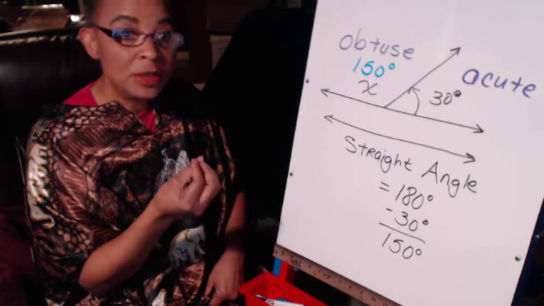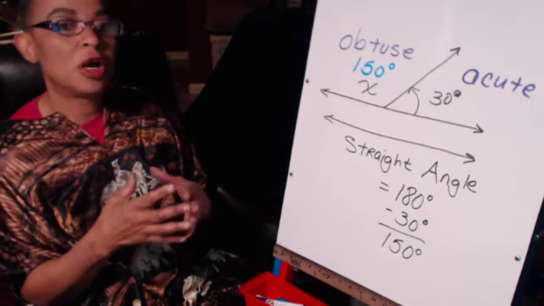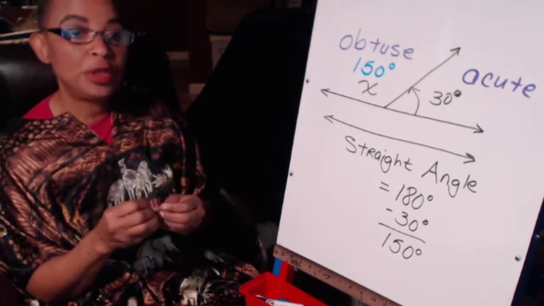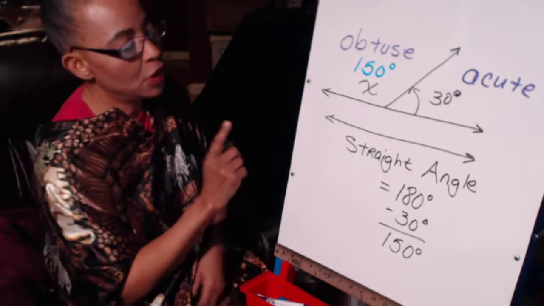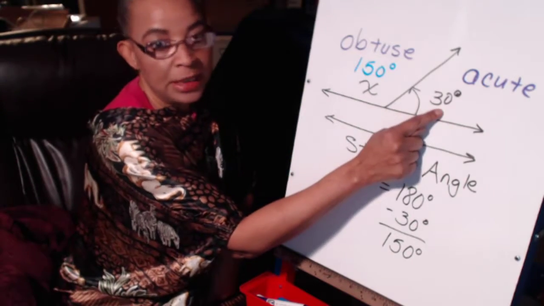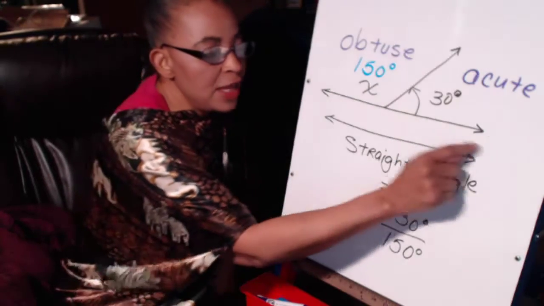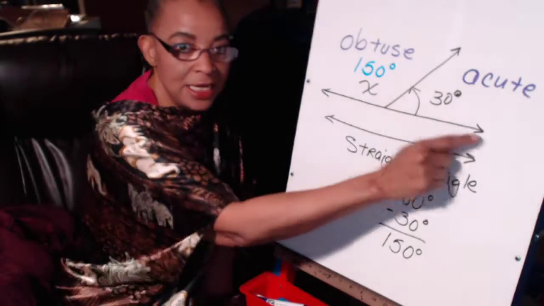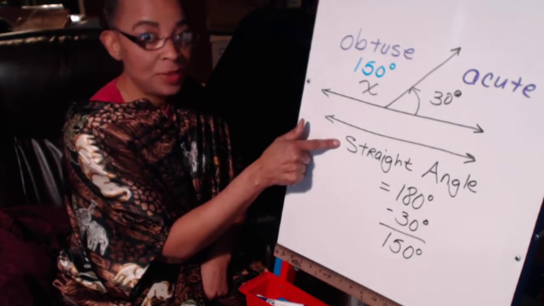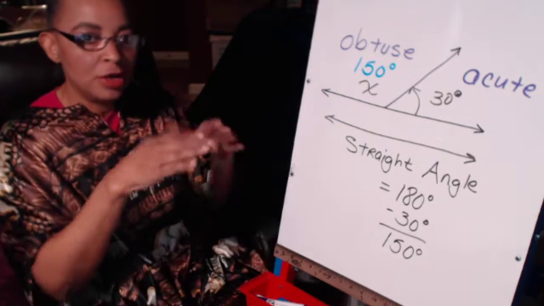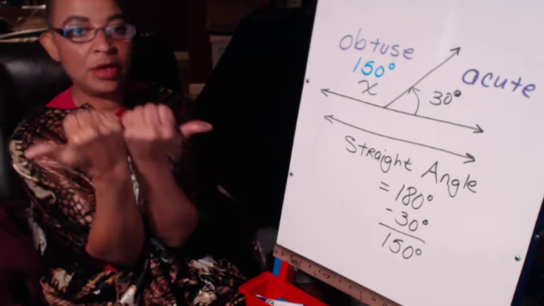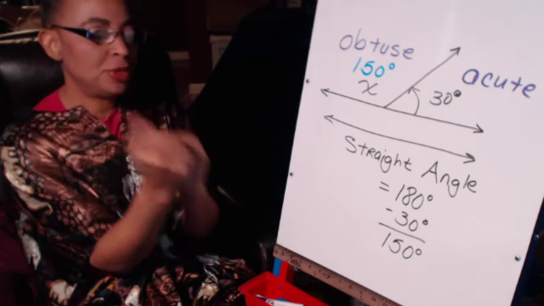When we speak of angles, we're talking about the degree measure. So if this is 30 degrees and the entire thing is 180 degrees, because it is a straight angle. Remember, straight angles are two rays together pointing in opposite directions.